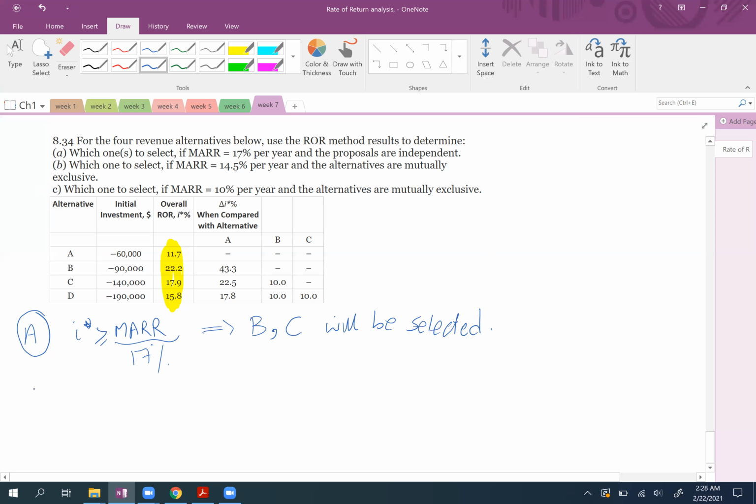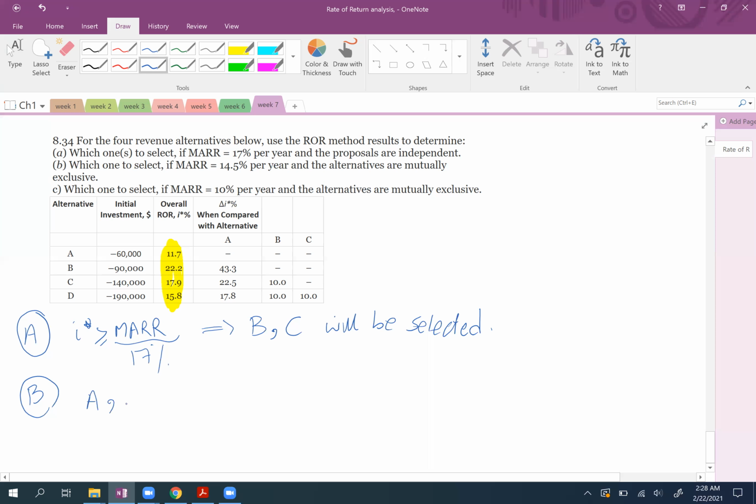Part B is saying that if MAR is this time 14.5% and the projects are mutually exclusive. If mutually exclusive, it means that they are compared against each other. So the first thing to do is to follow the procedure. We have to sort them in increasing order of their initial investments.